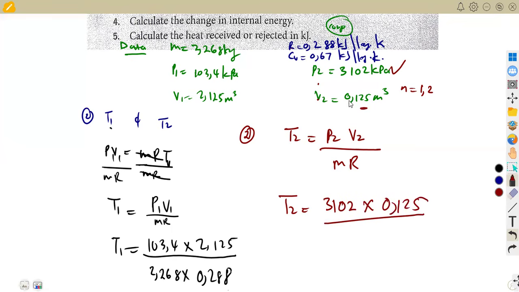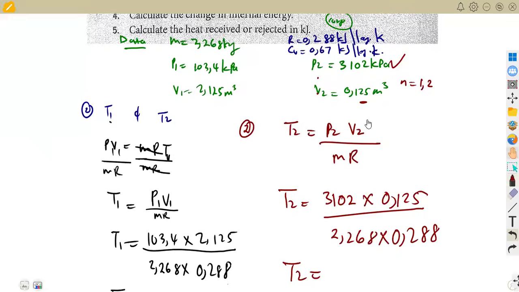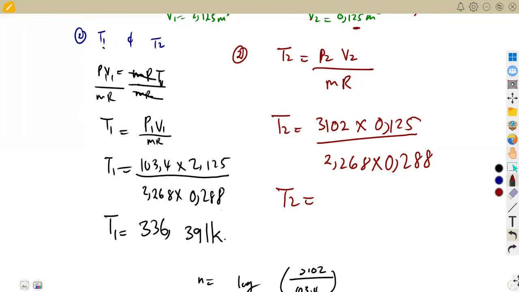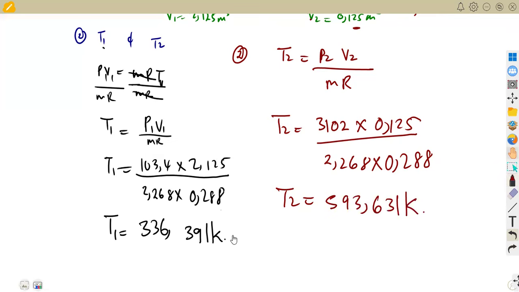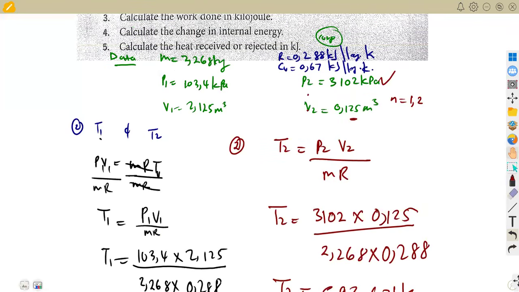Everything over M, the mass, 2,268 times R there, which is 0.288. So that was going to give us T2, and with our calculations properly given, this was going to give us something like 593,631 Kelvin. All right, so these were the temperatures needed.